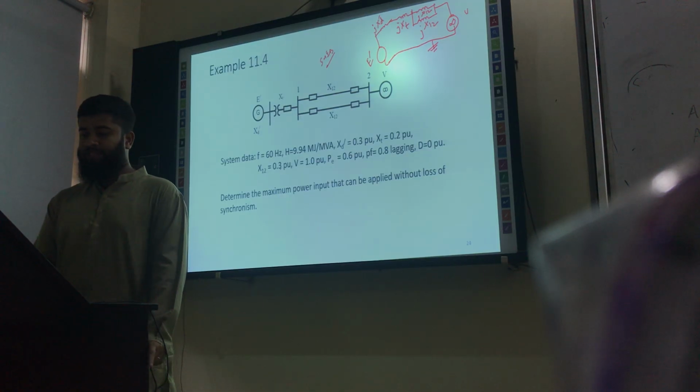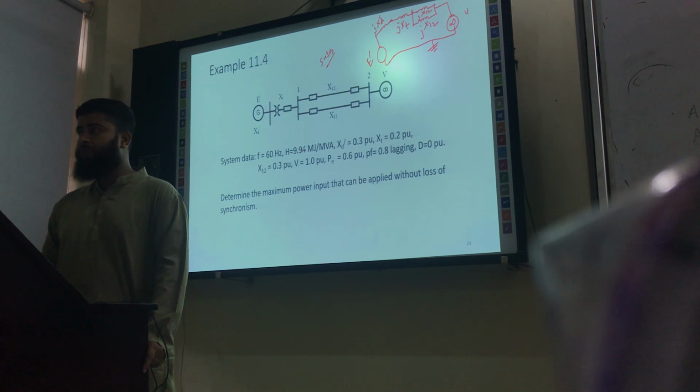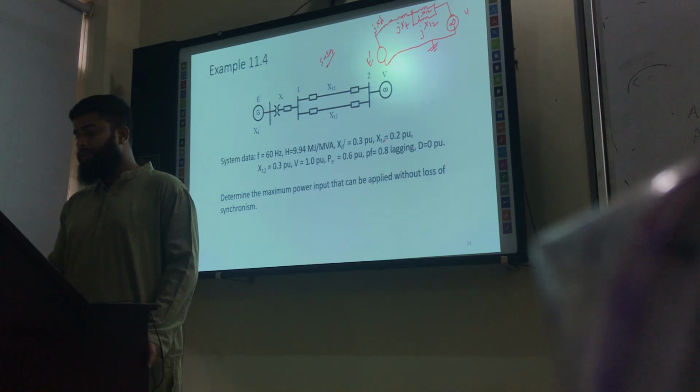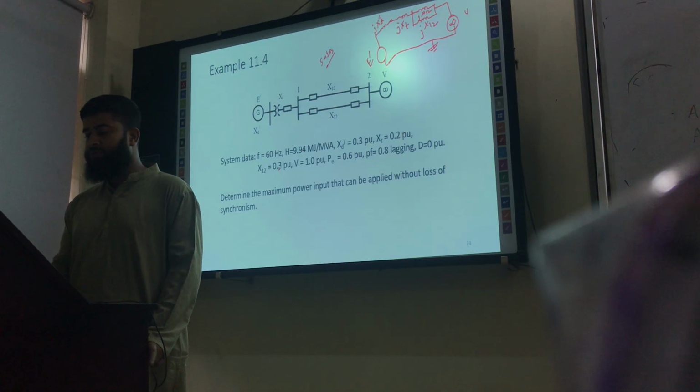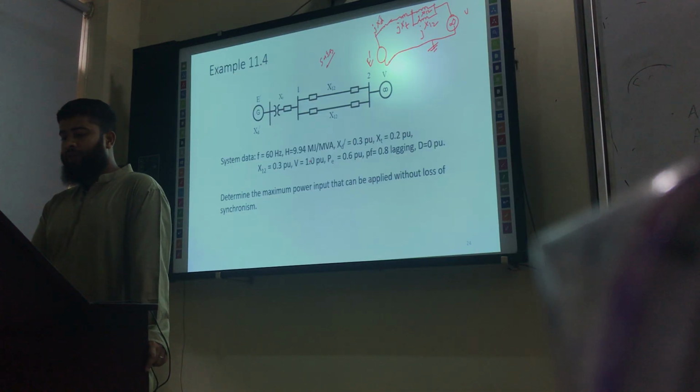Now the system data is given. F is 60 Hz. H is the inertia constant, given as 9.94 megajoule per MVA. Xd dash is 0.3 per unit. XT is 0.2 per unit. X12 is 0.3 per unit. V is the infinite bus voltage, that is 1 per unit. You can replace this V in complex form, with the magnitude of V and the associated angle.